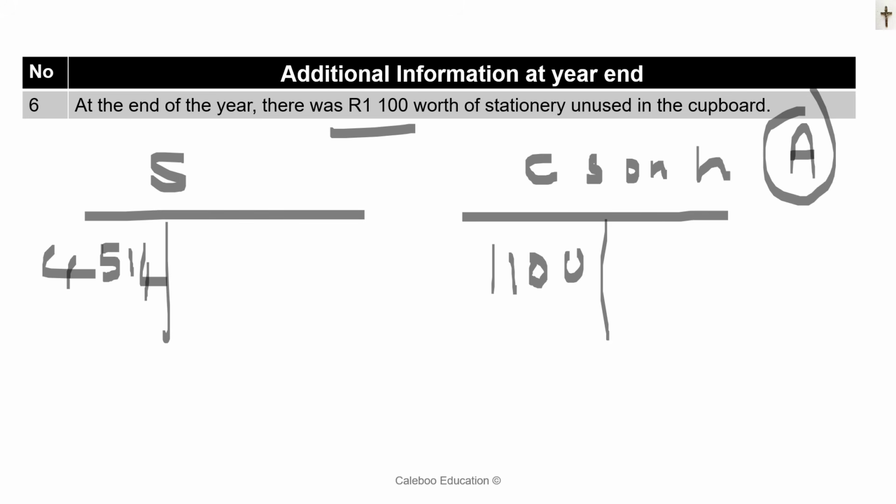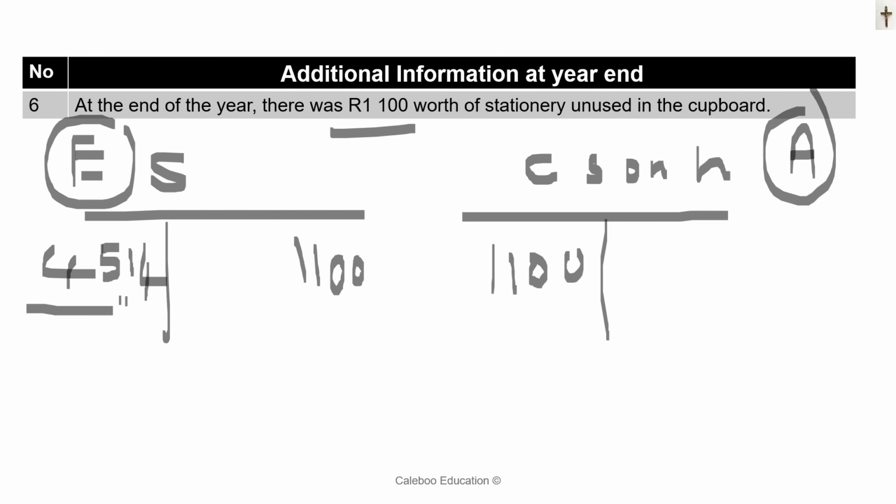Now this is important. I've had a question, how do you know when to make something bigger or smaller? At the moment, the stationery account, which is an expense, is reflecting 4514. When we buy the stationery, we debit the stationery account, increase in expense. But at the end of the year, the expense is not 4514 because 1,100 of the stationery was still left over, and we can show it as an asset in consumable stores on hand.